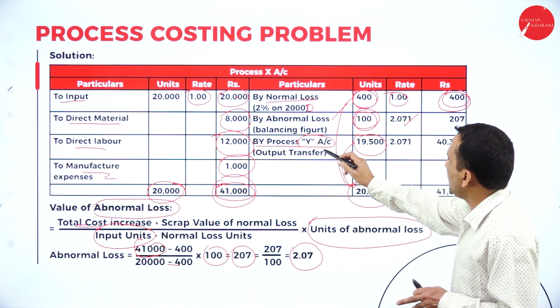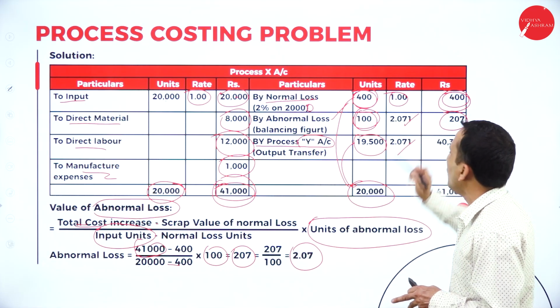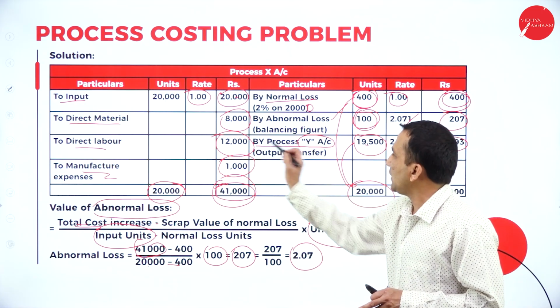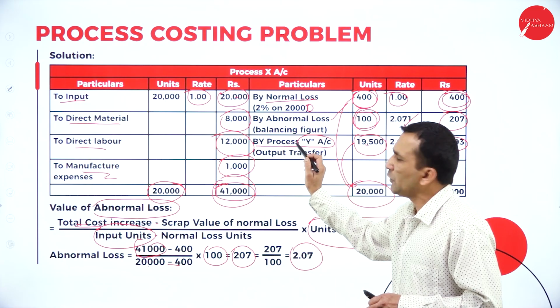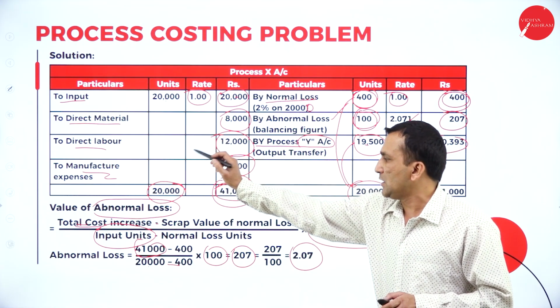per rate, even the process transferring value. Okay, we need to multiply the value we are writing. The same thing you have to multiply, which is going for process Y, whatever output we identified, which is going as the input for the next process.